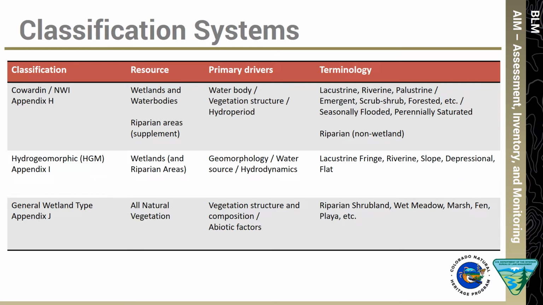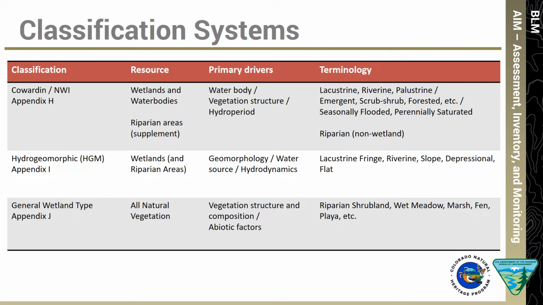The HGM classification system was developed just for wetlands and not water bodies. It can also be extended to drier riparian areas. The primary drivers of the classification are geomorphology, water source, and hydrodynamics. Some examples of terminology include lacustrine fringe, riverine, slope, depression, flat.